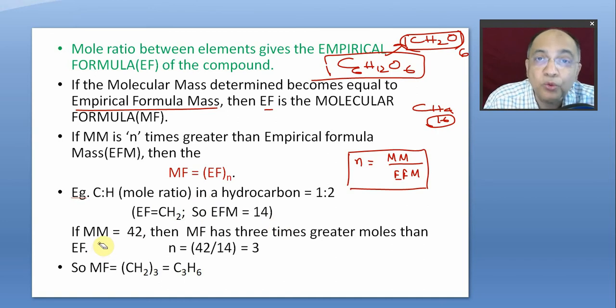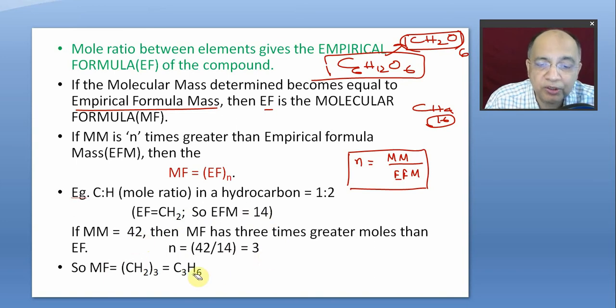But we found the molecular mass of that hydrocarbon is 42. Then the molecular formula has 3 times greater number of moles than the empirical formula. So 42 by 14 is 3.